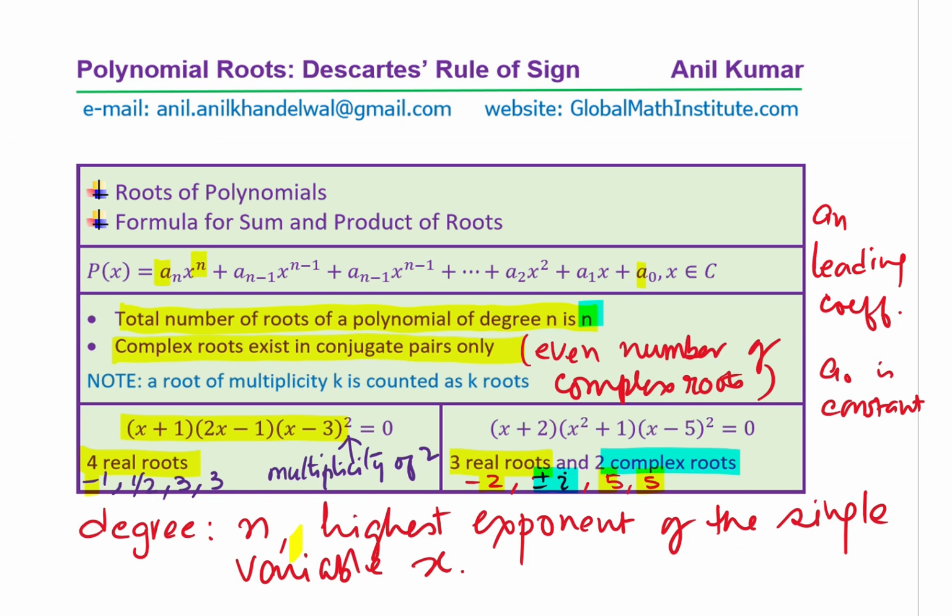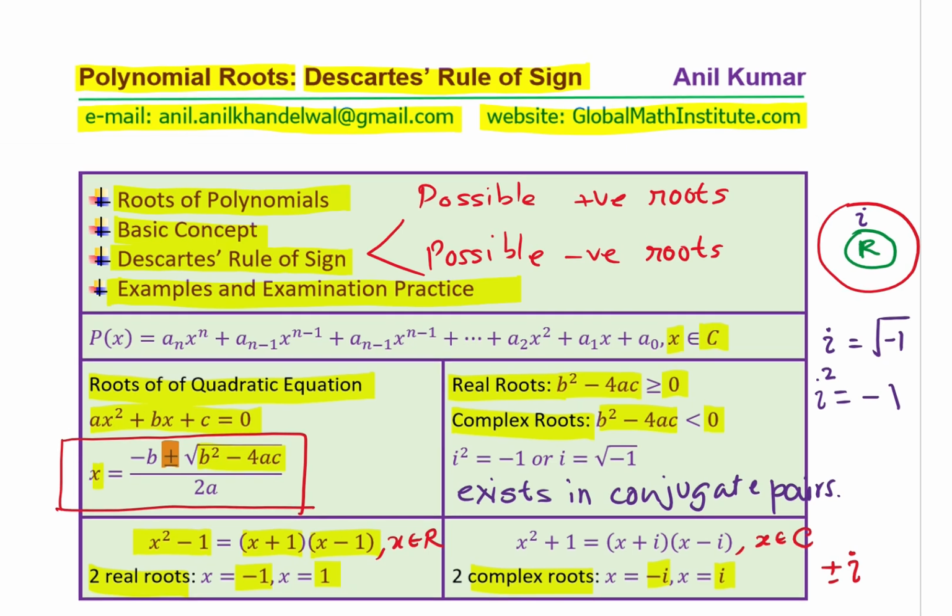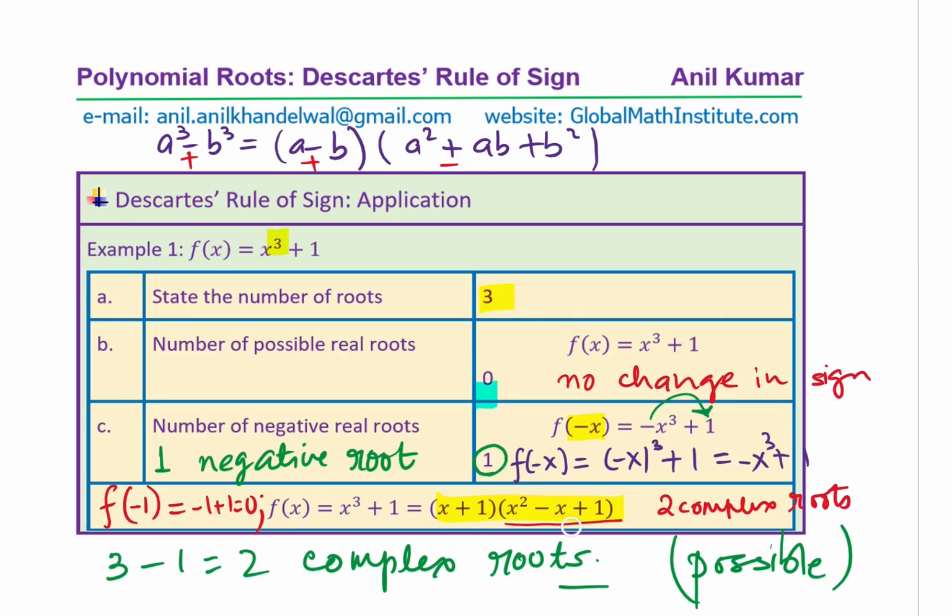Is that clear to you? So when you have the quadratic equation, apply this formula and calculate the complex roots. Perfect. So that is how you'll get the two complex roots of the other factor. One real root is very clear, x equals minus 1.